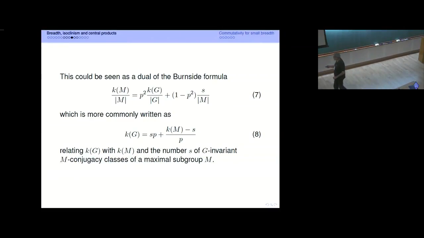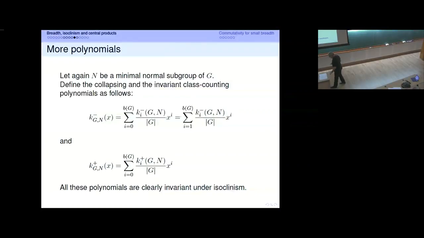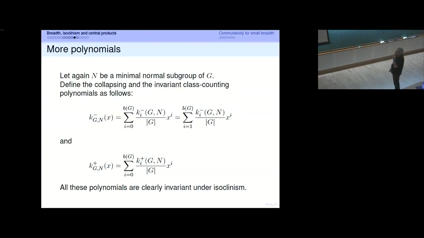Okay. So let's now write more polynomials. Now, N was our minimal normal subgroup of G, and I define the collapsing and the invariant class-counting polynomials as before.